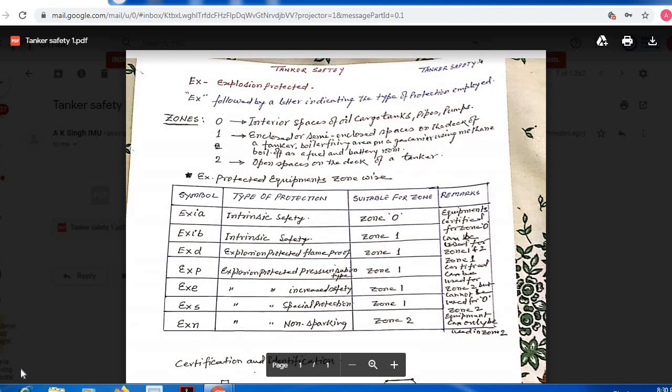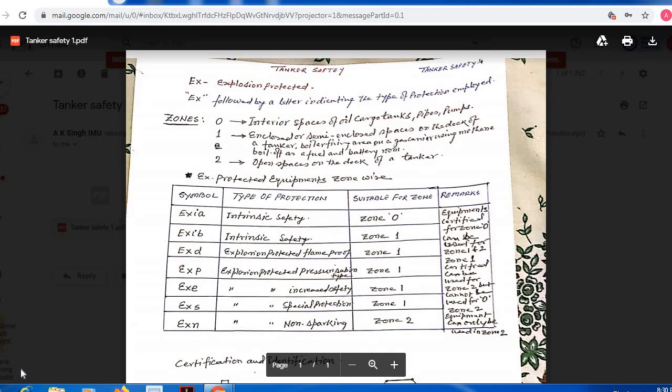I want to make a correction here: it is not non-flammable, it is non-boiling liquid in bulk, of flash point not exceeding 60 degrees. So this is the correction.